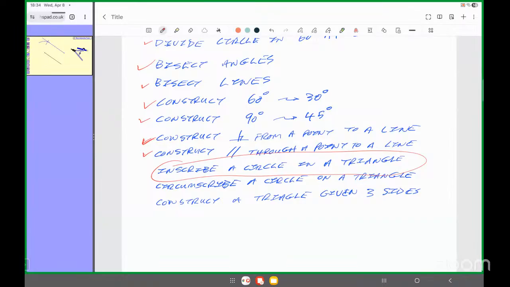Where those two bisecting lines meet is the center of the circle. So to inscribe a circle, to put a circle inside a triangle so that the three sides of the triangle are tangents to the circle, you bisect two angles to find where the center of that circle is. All right, make a note. Bisect two angles. Let's do it now.